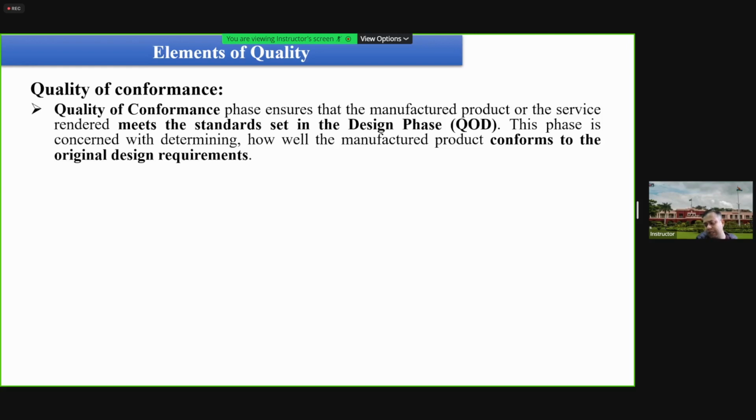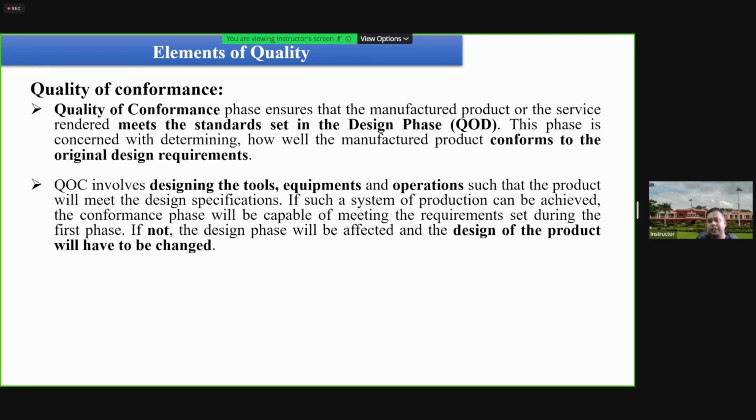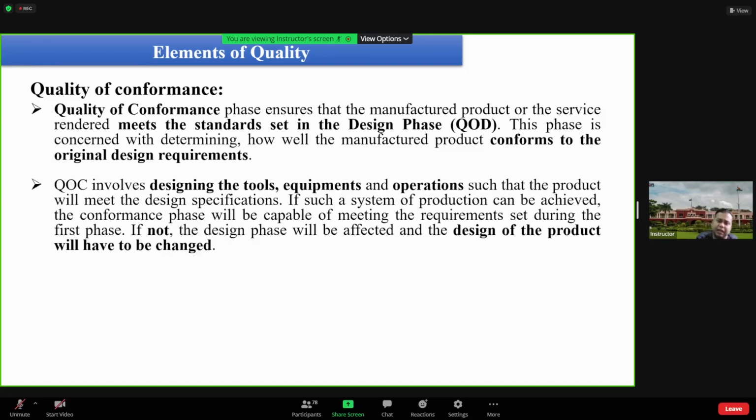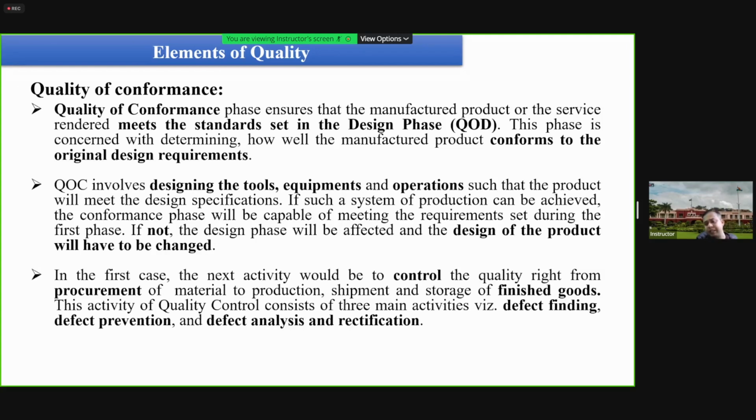And the quality control phase basically deals with defect finding, defect prevention, and defect analysis and rectification. So the first thing in the quality of conformance phase is we ensure that we have the desired equipment, tools, operations, or capabilities to produce whatever was required in the quality of design phase, or the specification set there.